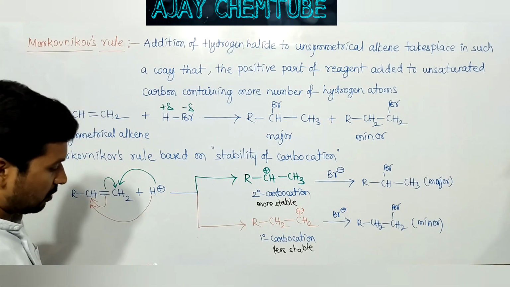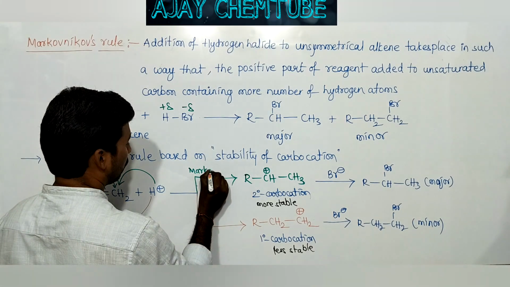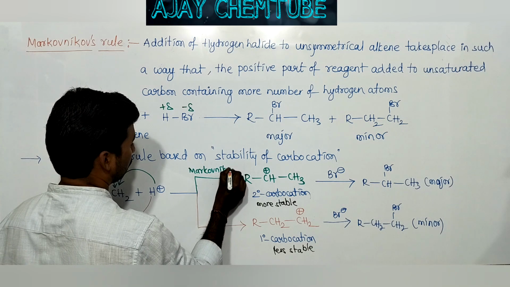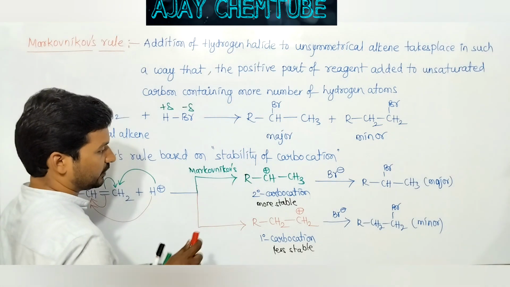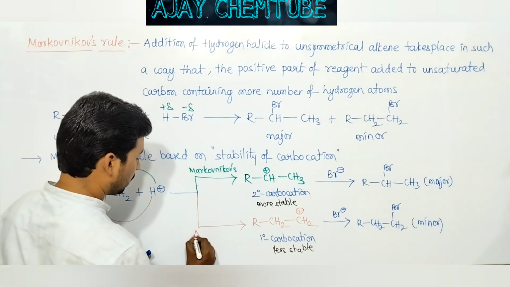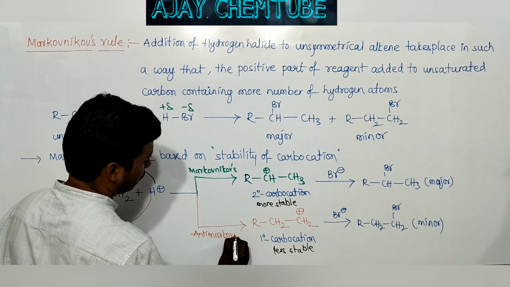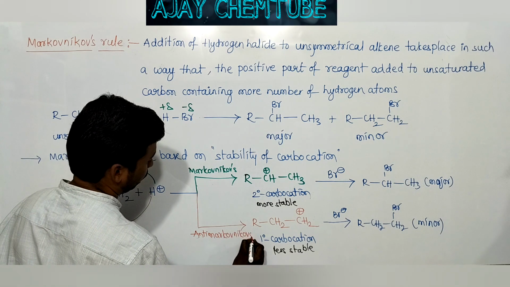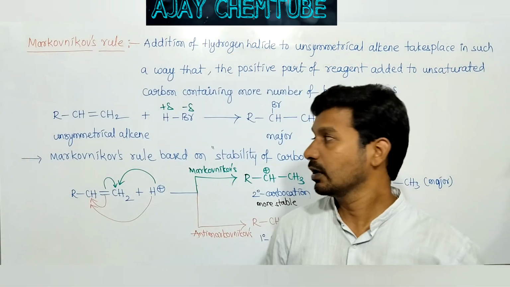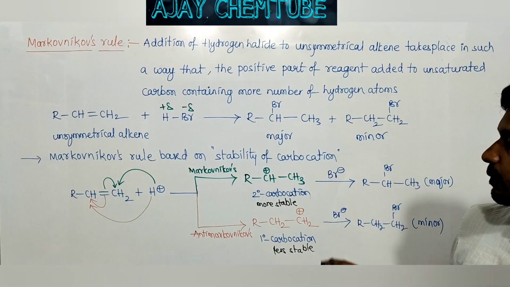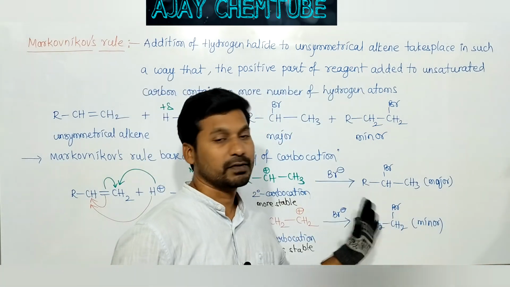This is Markovnikov's rule and this is anti-Markovnikov's rule, the anti-Markovnikov product. So thus Markovnikov explained the formation of the major product in the addition of hydrogen halide to an unsymmetrical alkene.